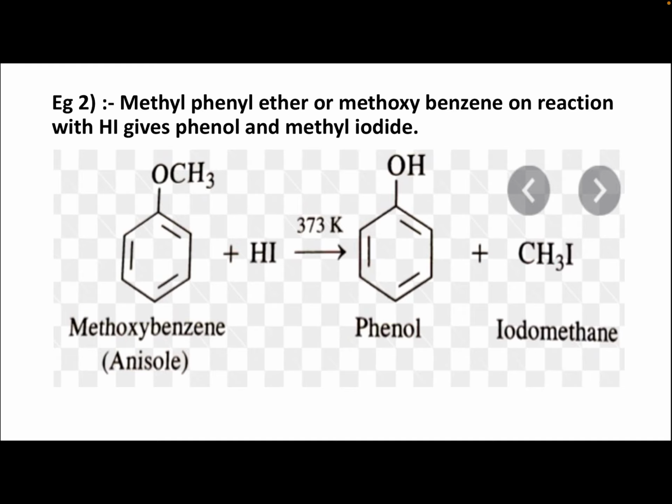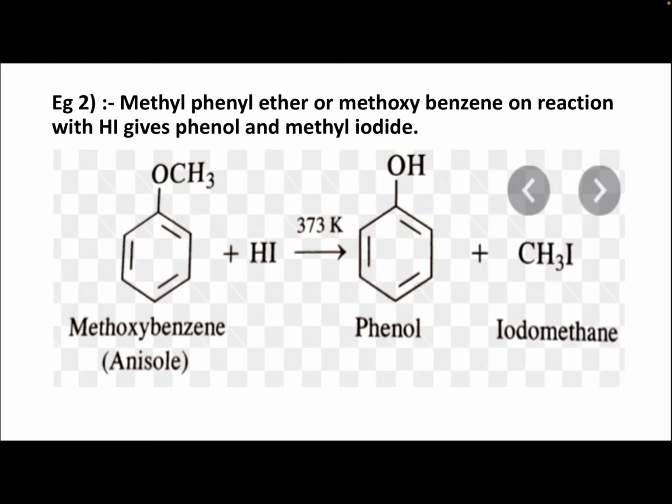Next, example 2: methyl phenyl ether or methoxybenzene on reaction with HI gives phenol and methyl iodide. On the benzene ring, OCH3 is methoxy on benzene group. So it is methoxybenzene, or we can call this methyl phenyl ether. It is also called anisole.